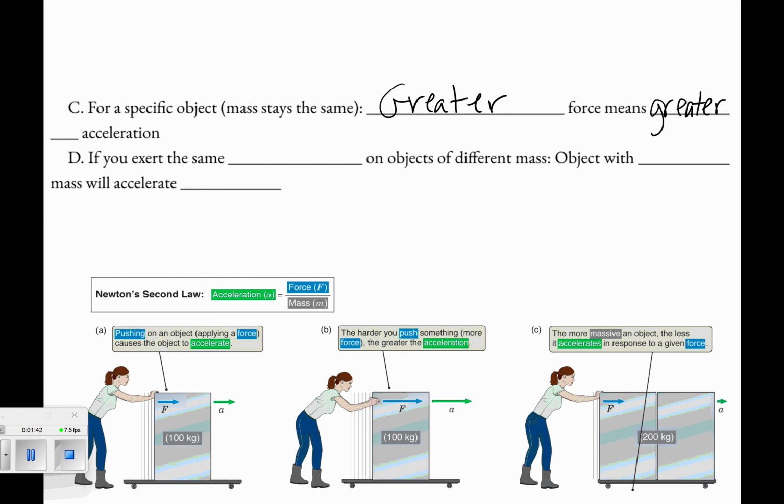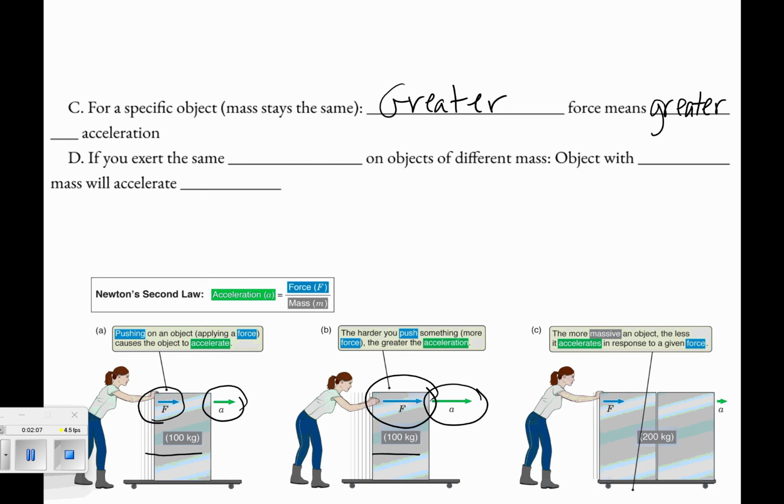You push something harder, it accelerates faster, right? Here's this lady pushing this same object. She pushes it with a smaller force, you have a smaller acceleration. She pushes it with a bigger force, it's going to speed up faster. It's going to have a faster change in its motion. It's going to have more acceleration, okay?